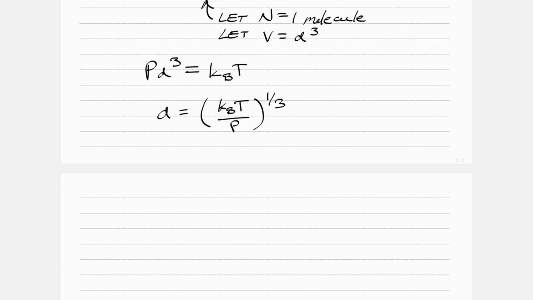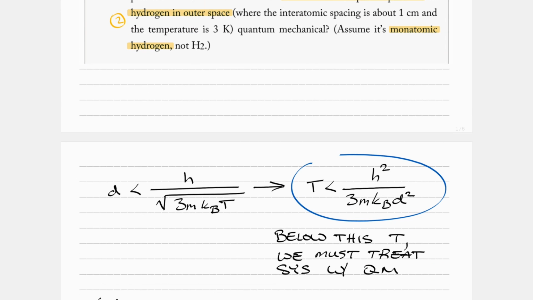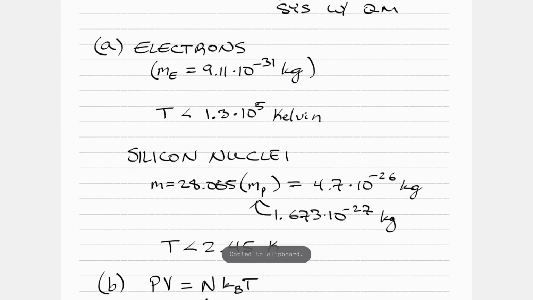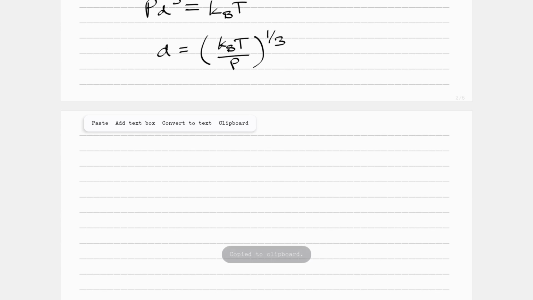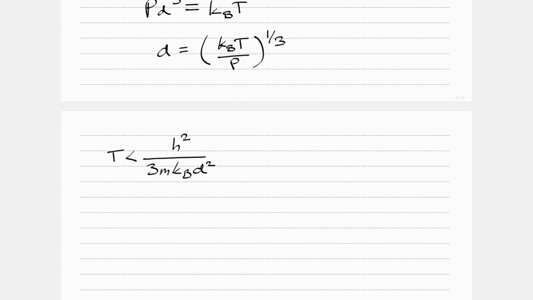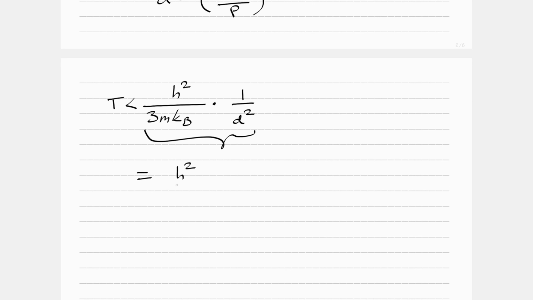So let's go back up to what we found earlier. We said T is less than this, and T less than that means use quantum mechanics. I just erased the D squared there and put it off to the side. So this is equal to h, not h bar, squared over 3m kB times 1 over D squared.